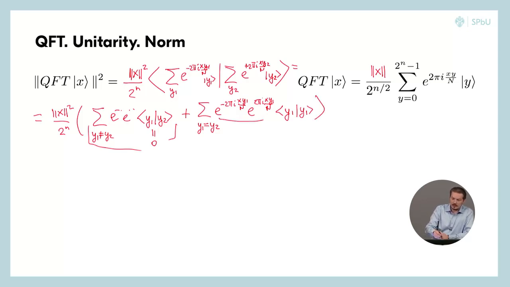Okay, this obviously equals 1, and this, since it is the same basis vector, also equals 1. And the number of terms in this sum is exactly 2 to the power n, which is N. So we have 2 to the power n ones, and the total sum multiplied by this is exactly the squared norm of x. So check passed, and QFT preserves the norm.